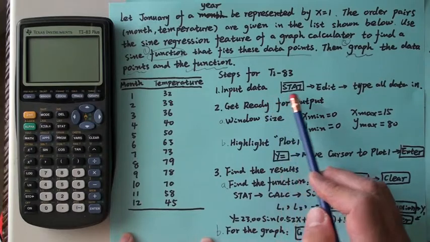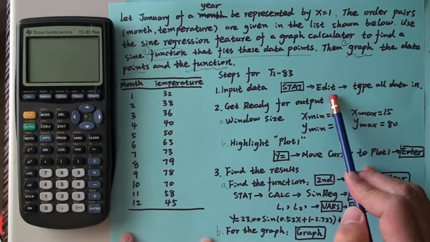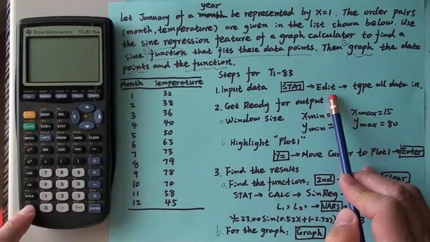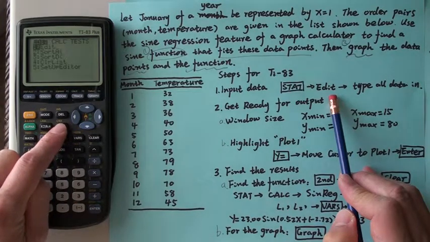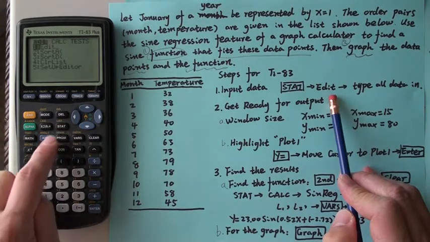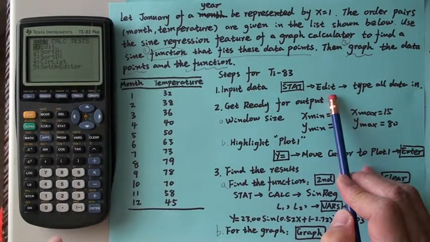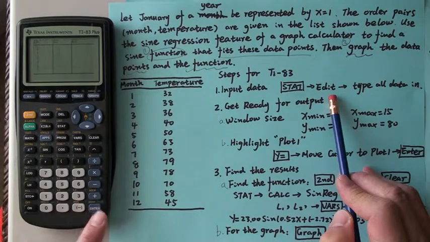How to do that? Here are the steps. Stat, edit. Turn on the calculator first, then hit the stat button, and number 1 is edit. You can either hit 1 or hit enter.